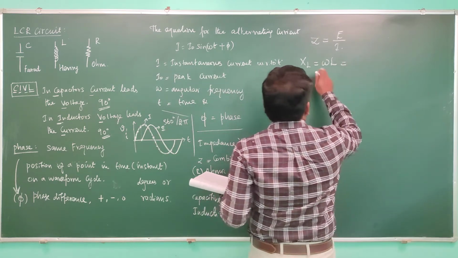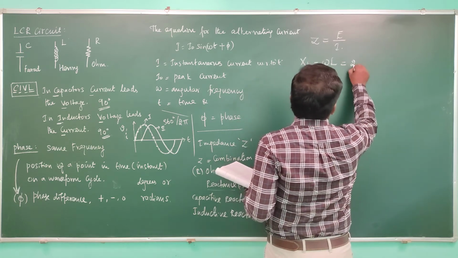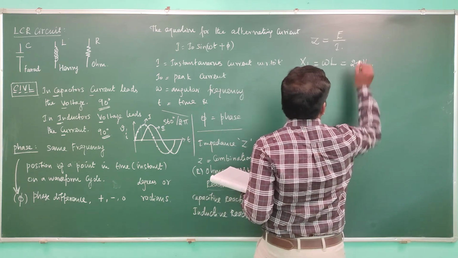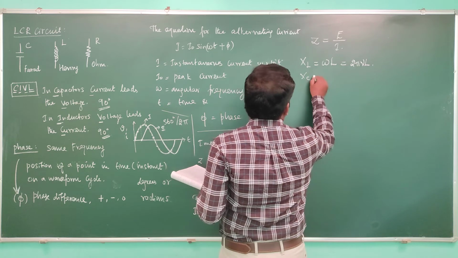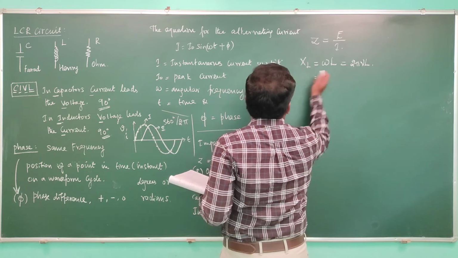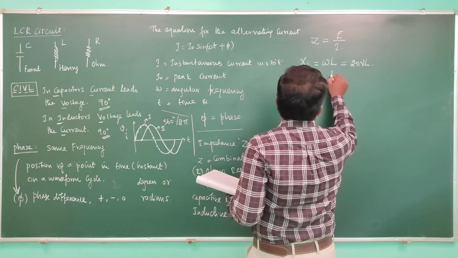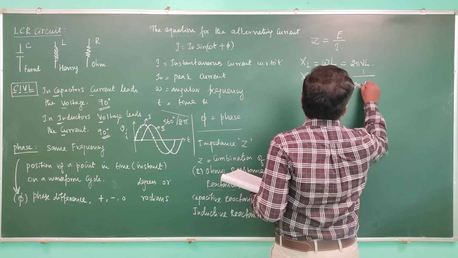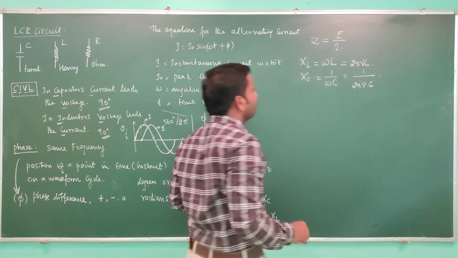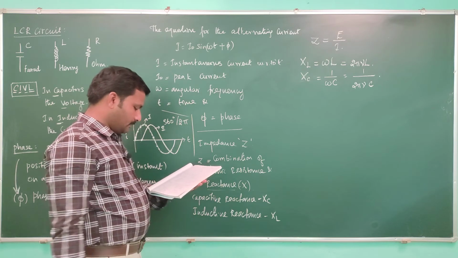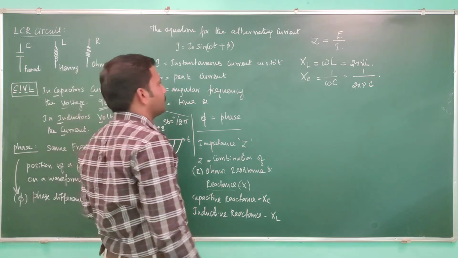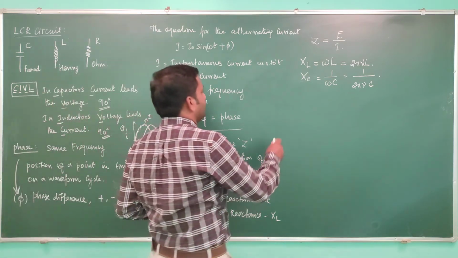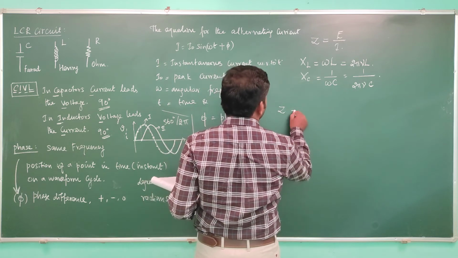The linear conversion of the angular frequency is 2 pi nu, so XL is 2 pi nu L. Capacitive reactance Xc is 1 over omega C, so we get 1 by 2 pi nu C. So this is the capacitive reactance.